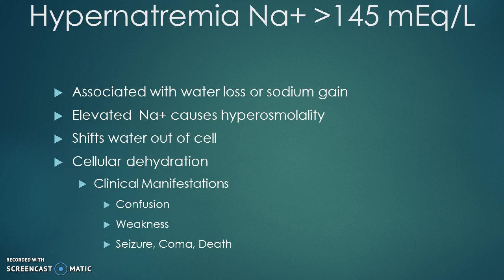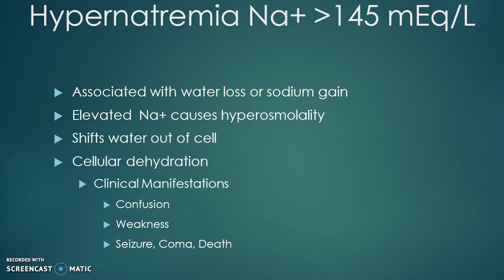For our clinical manifestations, especially if it's due to a water loss, we're going to see an intense thirst. We're going to see a thick, dry, swollen tongue. We're going to see restlessness and agitation.